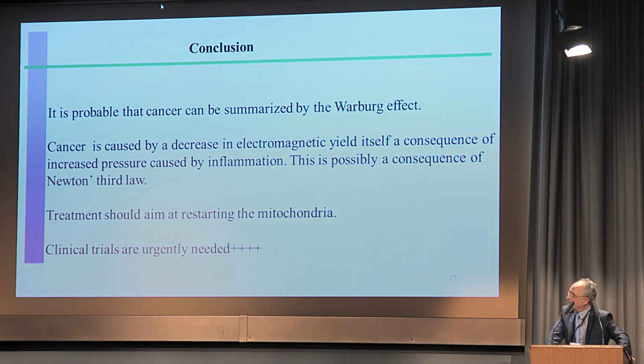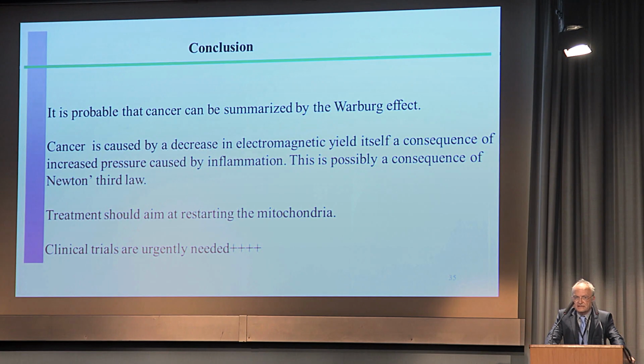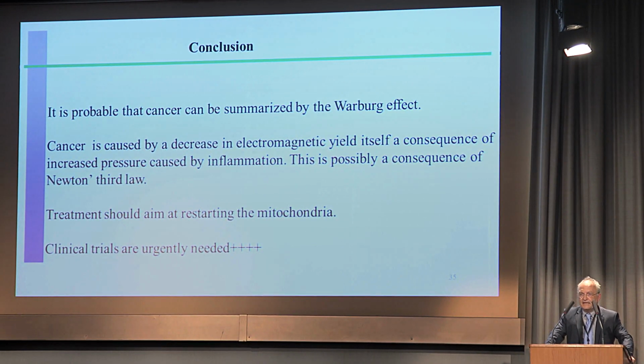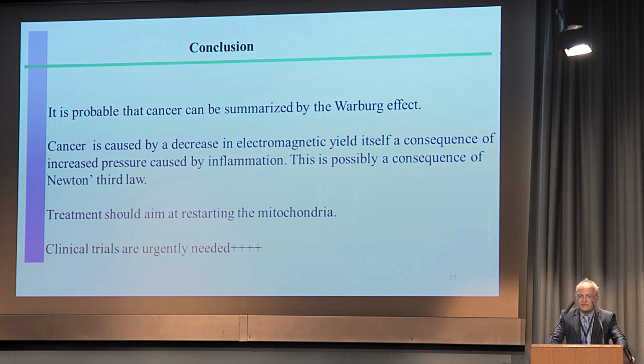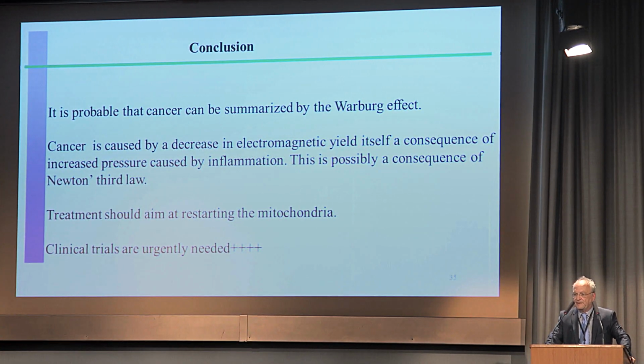These are the points I want to make. First, cancer is the Warburg effect, and that's what we face. It's a clear definition of the disease. Until proven otherwise, it appears to us that it's as simple as that. Cancer is caused, or is mostly caused, by increased pressure which turns off the mitochondria and the cardiolipin of Professor Seyfried.